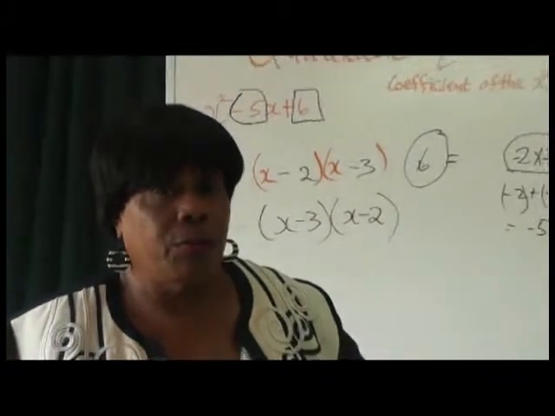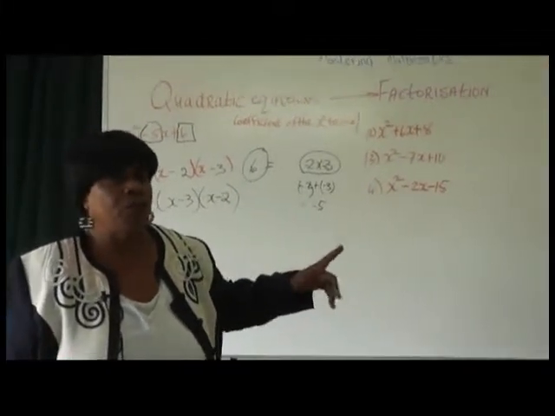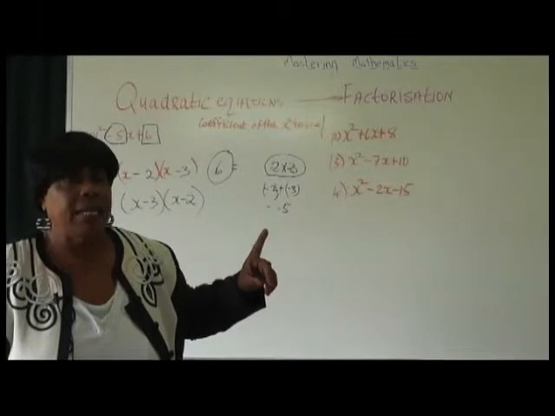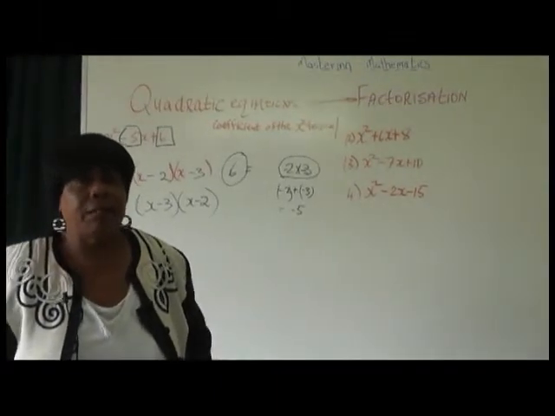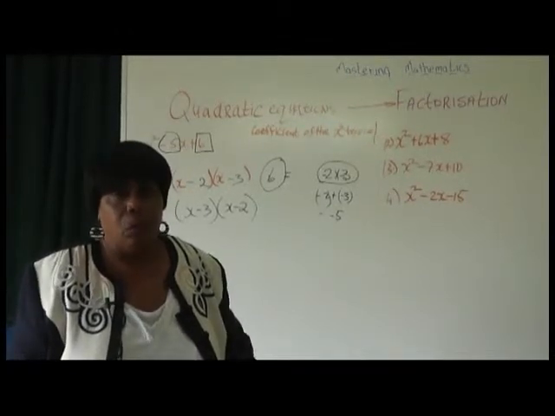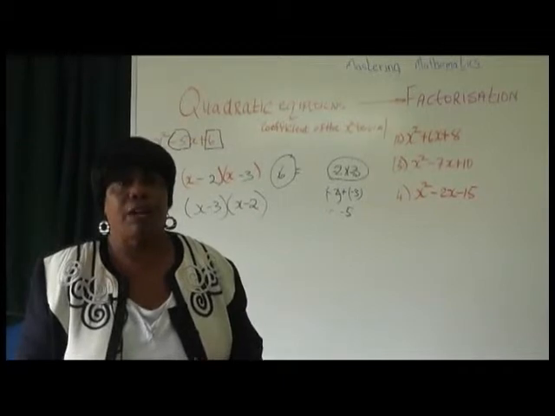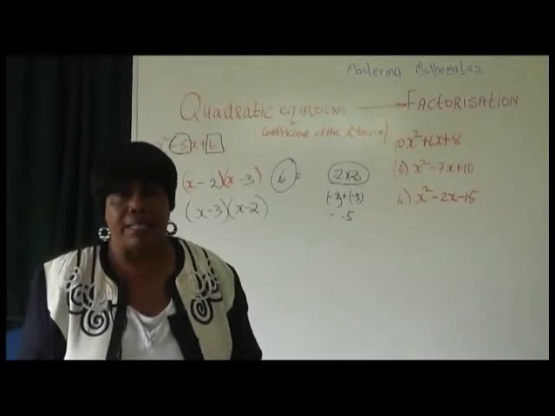We're taking you through to make certain you see it. Factorization, where the coefficient of the x squared term is equal to 1. And then I will give you when the coefficient of the x squared term is not equal to 1. All right, so we're getting into our factorization. We're not going to rush them because this is the bone of factorization.